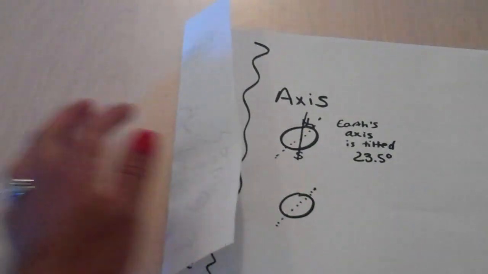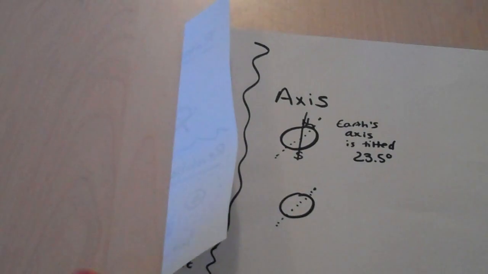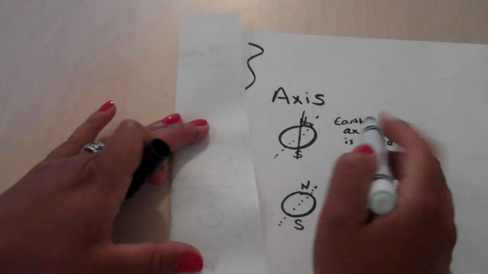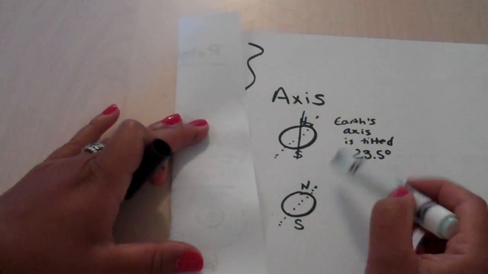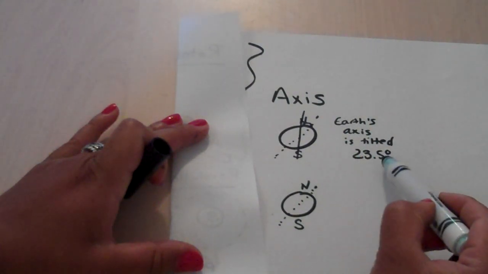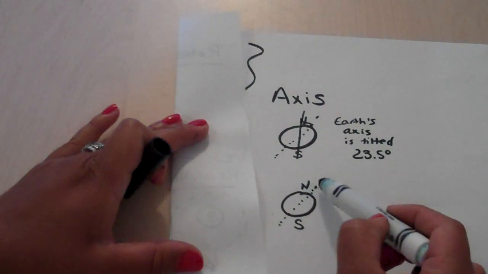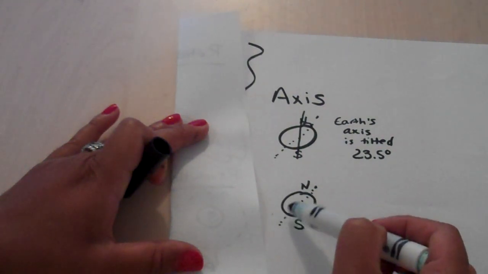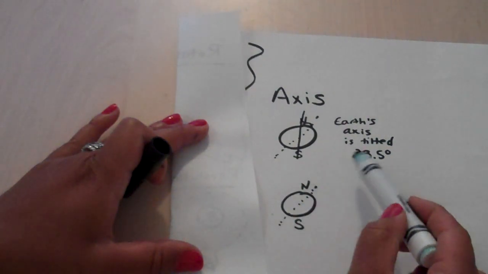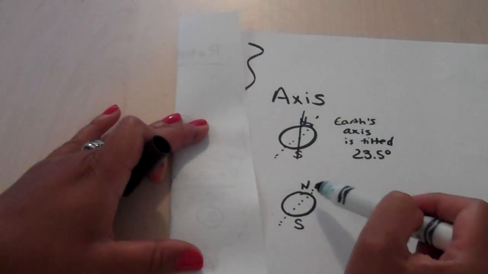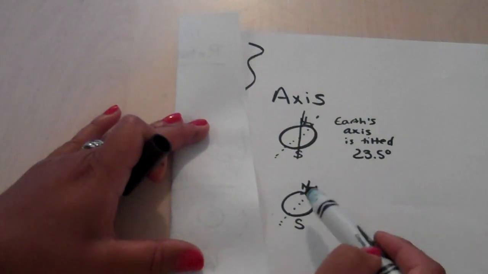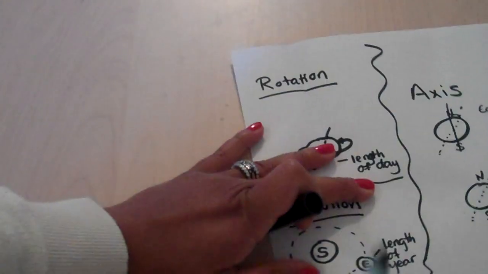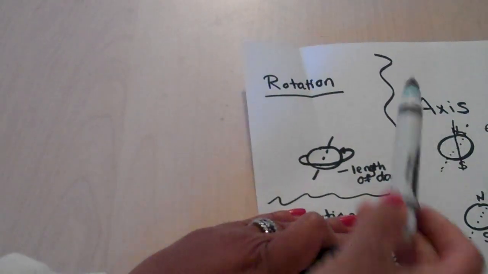Here our Earth's axis is tilted at 23.5 degrees. Each planet has its own tilt. In this case, ours is tilted at 23.5 degrees, and it's an imaginary line. It's not real, but it shows how much the planet is tilted.